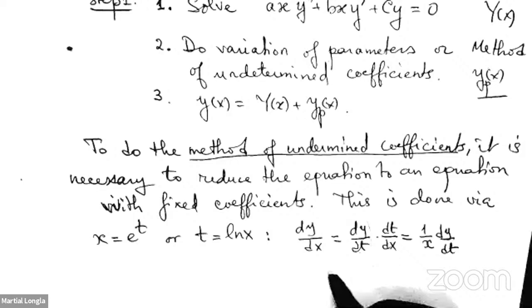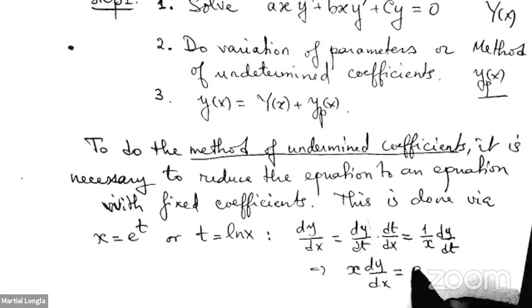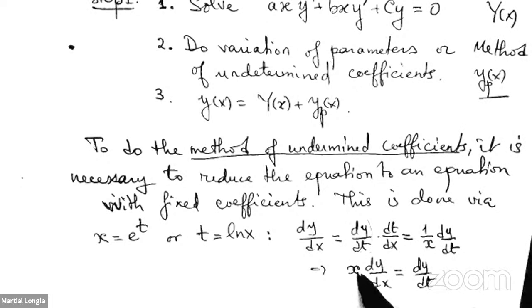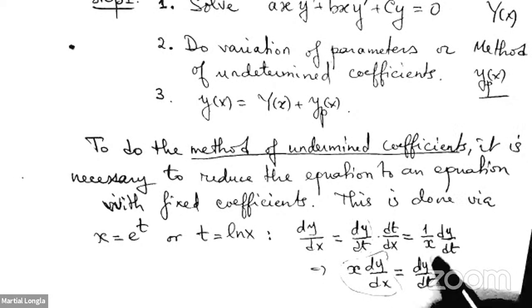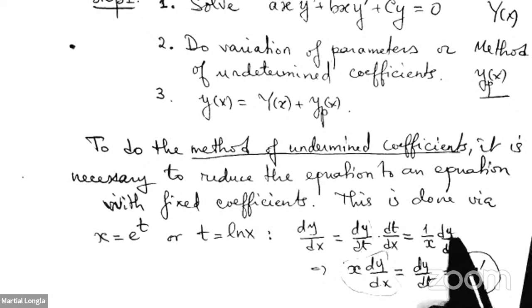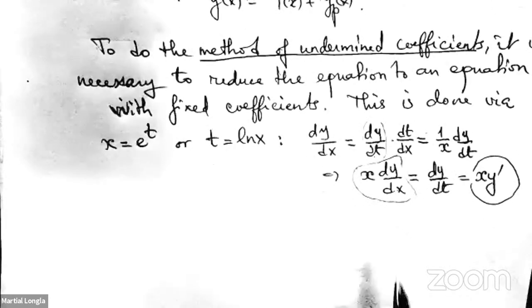And this leads to x dy over dx, which is nothing but dy over dt. So what stands in the equation as x dy over dx, or x y prime, it's the same notation. x dy over dx is the same as x y prime, and we just showed with this substitution that that is actually equal to the derivative of y with respect to t.